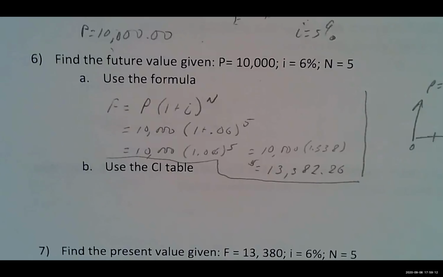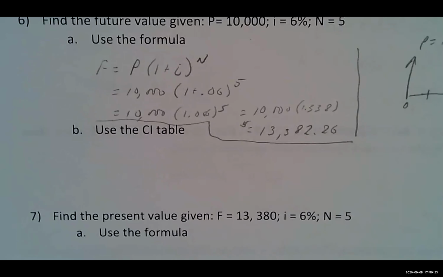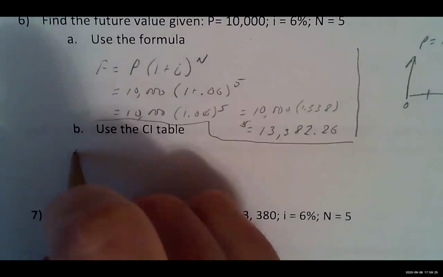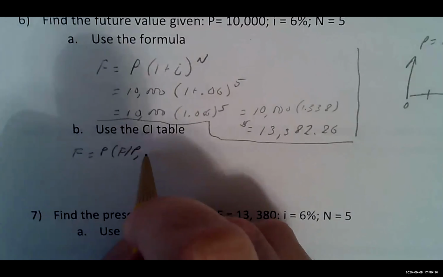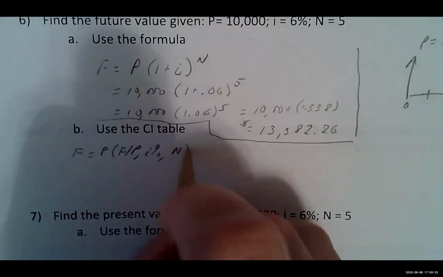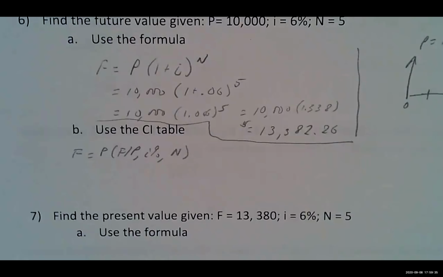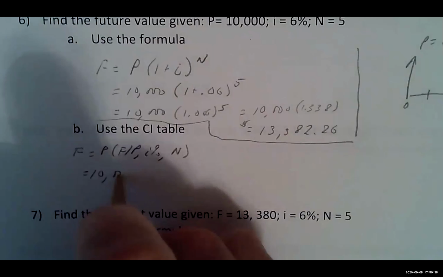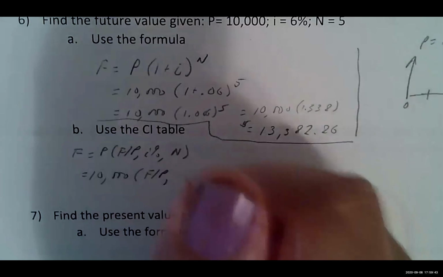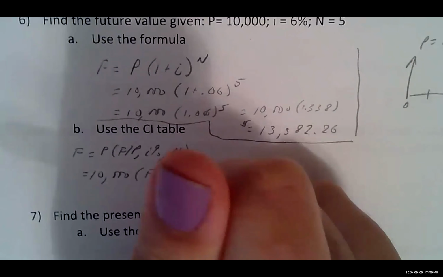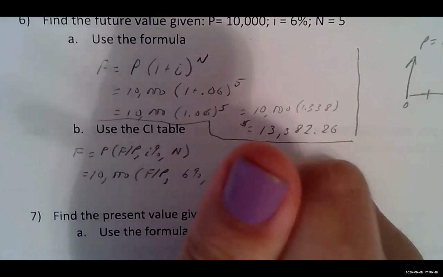Now we're going to look at the compound interest table. So we see that F is equal to P times F of P, comma, I percentage, comma, N. So that means that we have $10,000 times the future given the present value times 6% at 5 years.